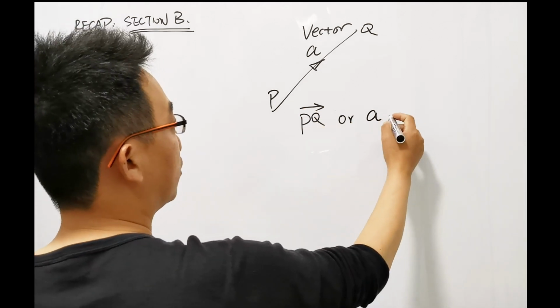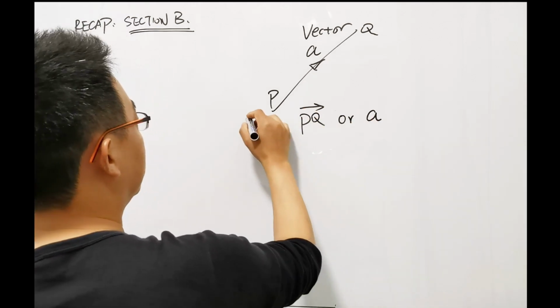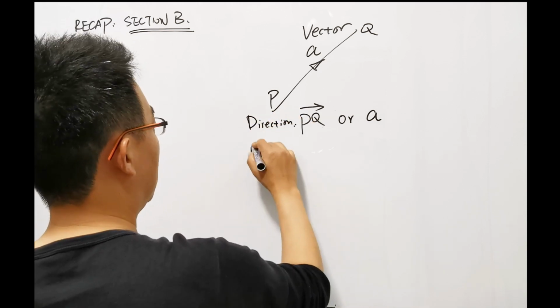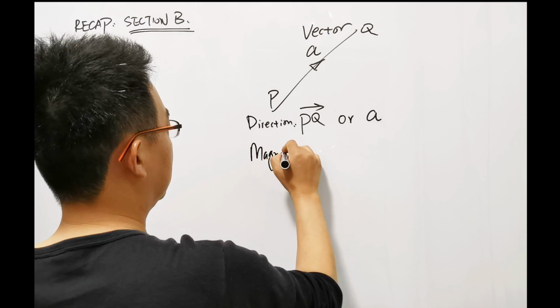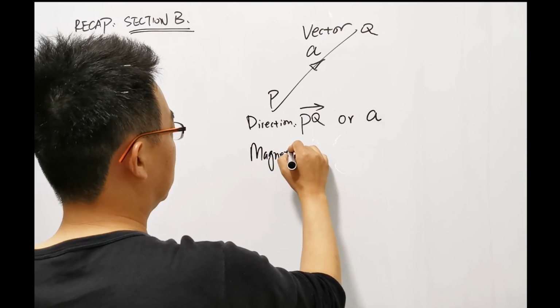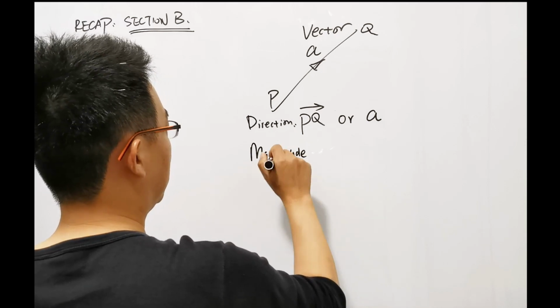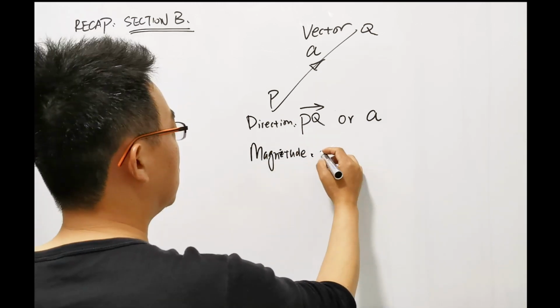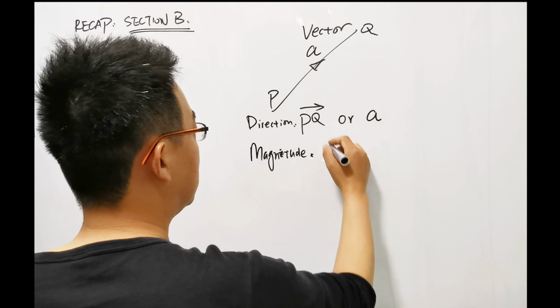So basically they're talking about direction, right? How about magnitude? In the magnitude, we use a different symbol.